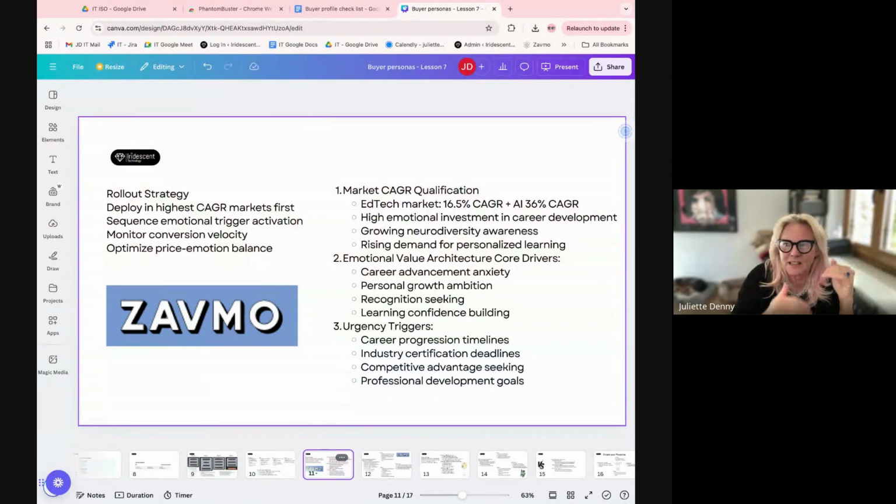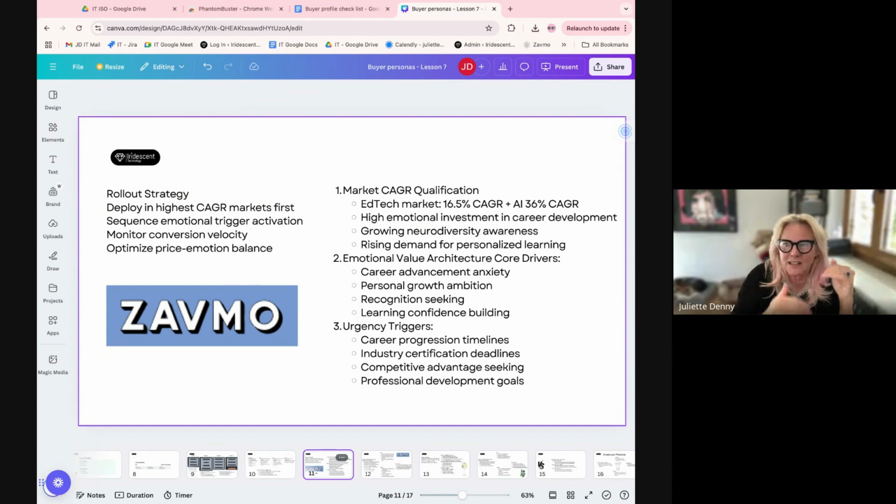So a good example is that our first pilot is with British Gas, Centrica. When I said to them, do they want to do a pilot, one of the key things they wanted us to do is market the association with Zavmo and Centrica and make sure that it's all on the social platforms, so that they were seen as cutting edge and at the forefront of the move into AI.